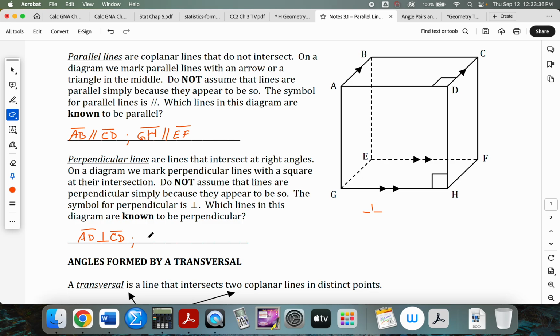Segment GH and segment DH. Yes. Segment GH is perpendicular to segment DH. Where they intersect at H, they make a right angle. So that's all for old stuff, and that's just getting everybody kind of on the same page.